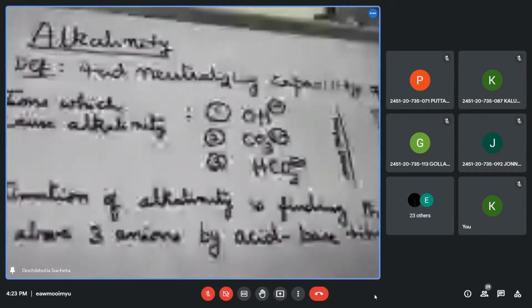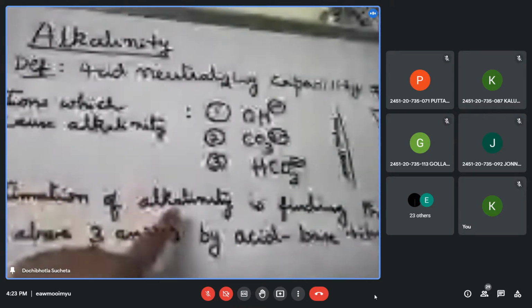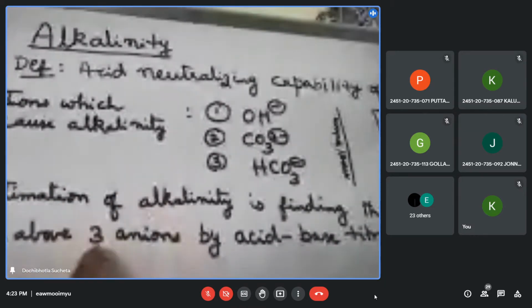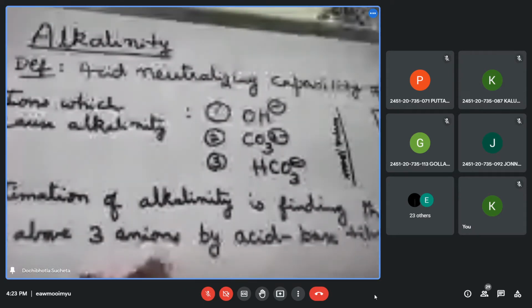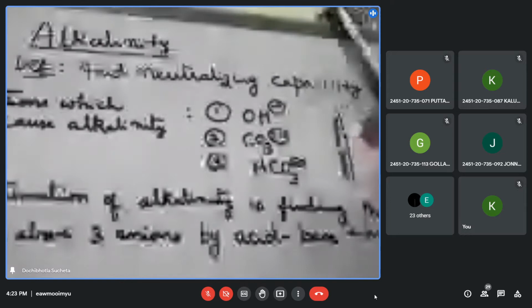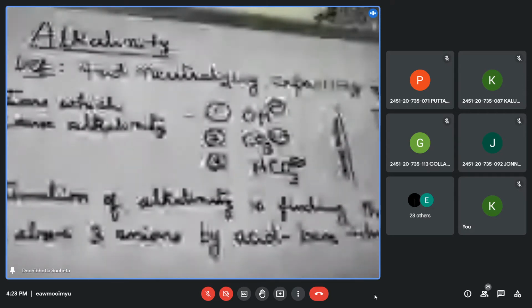That's the first point. And when I'm saying I'm finding the alkalinity of that water, it means I'm finding the concentration of these 3 anions. What are the 3 anions? OH minus, carbonate, and bicarbonate.